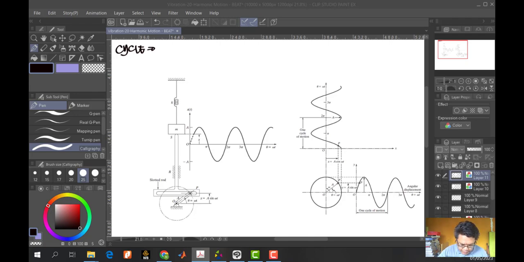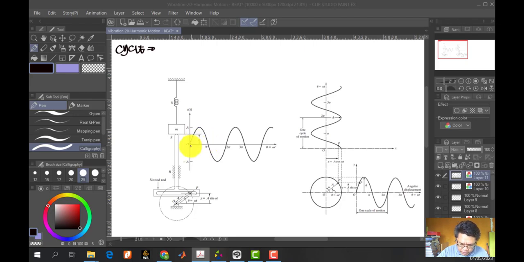Now, for example, here, the slider pin, you will notice here. Initially it started from 0, so the vibrating body goes from its undisturbed or equilibrium position to the extreme position. Initially we have the extreme position started from here, then it goes back to its original position.